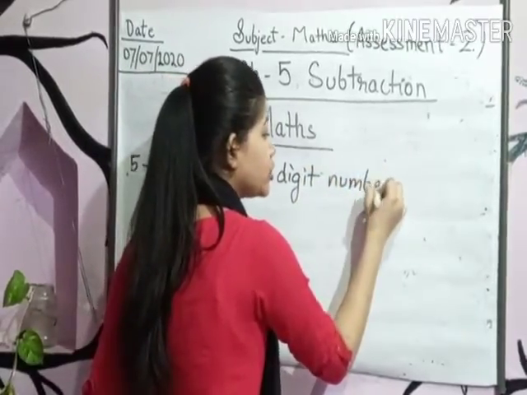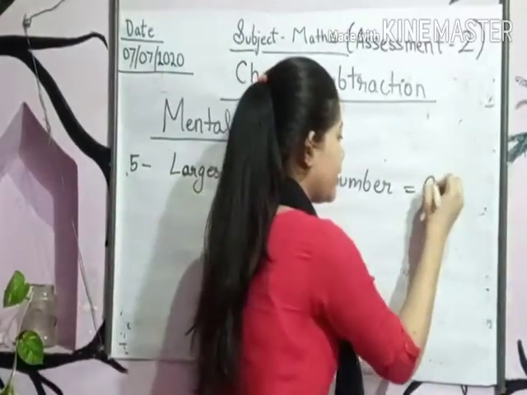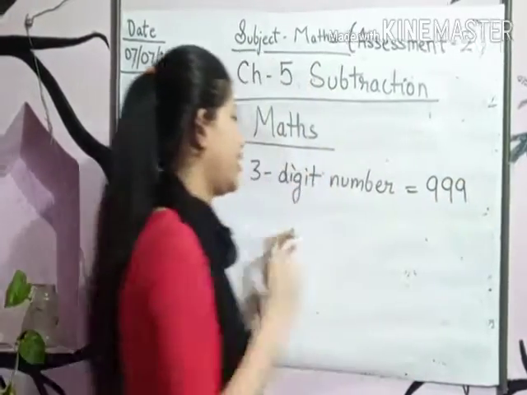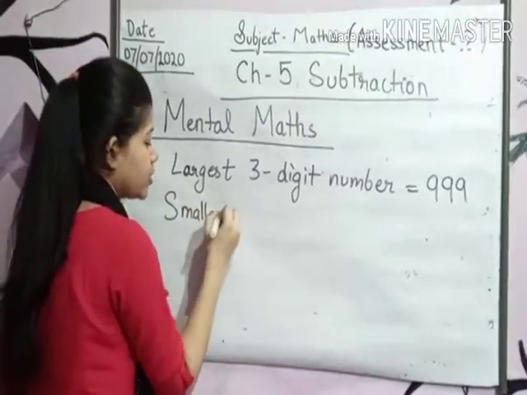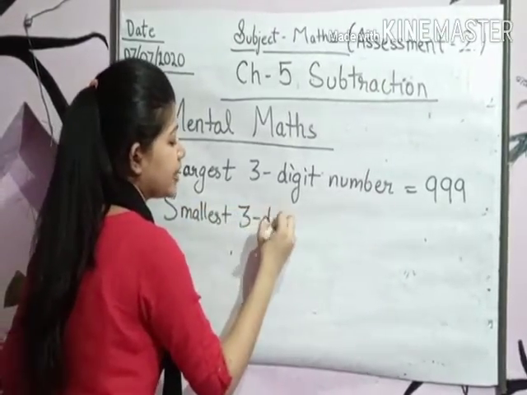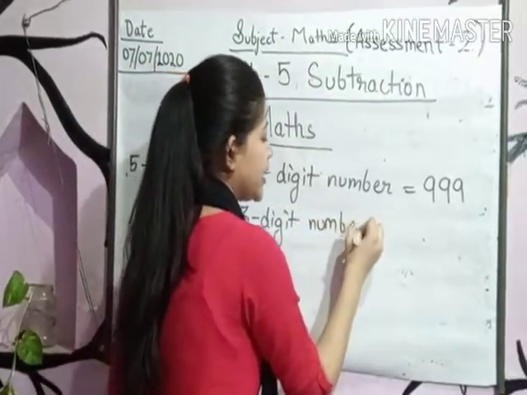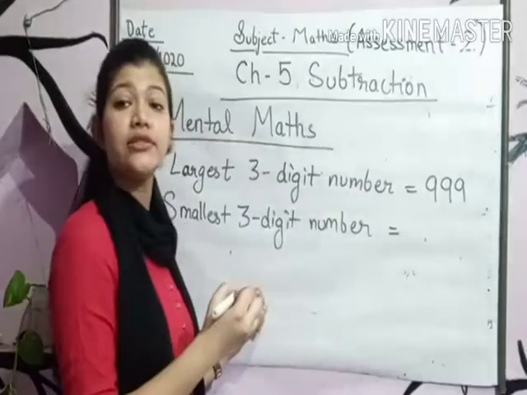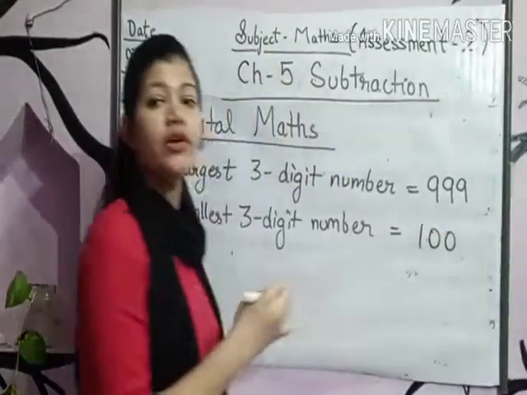I have told you many times. Yes, 999. So we will write 999. Let's come to the smallest 3-digit number. What is the smallest 3-digit number? 100. Yes, so we will write 100 over here.